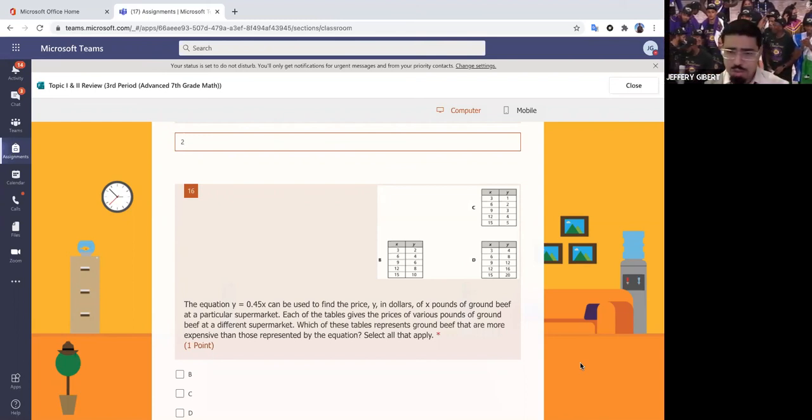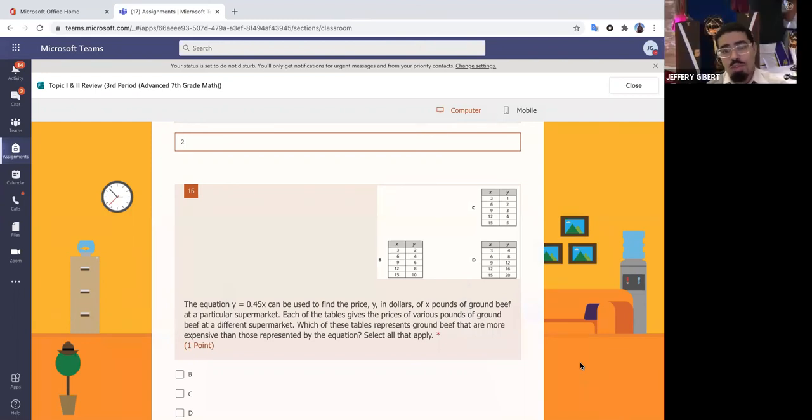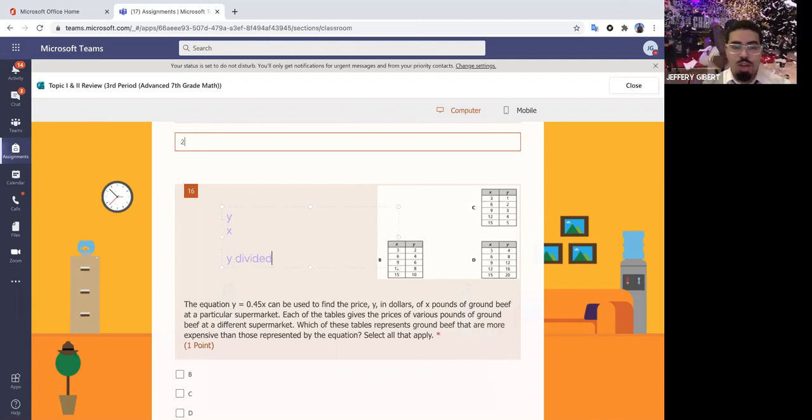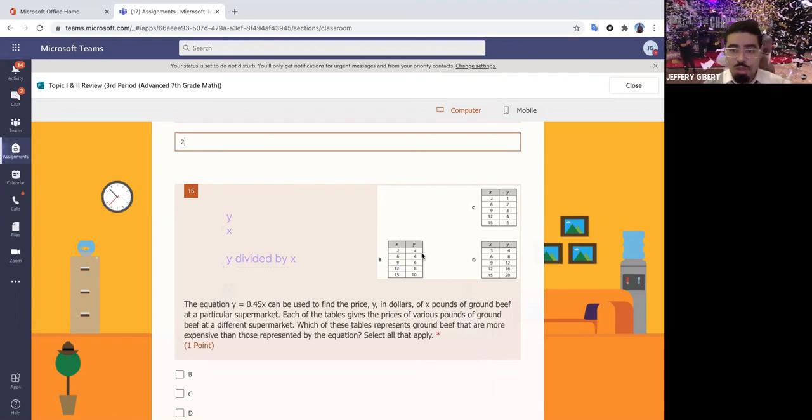Which of these tables represents ground beef that is more expensive than that represented by the equation? More expensive means when you do y over x, or y divided by x, it needs to be bigger than 0.45.